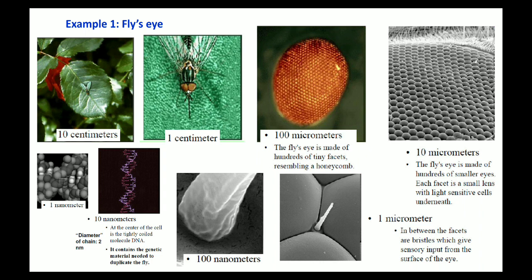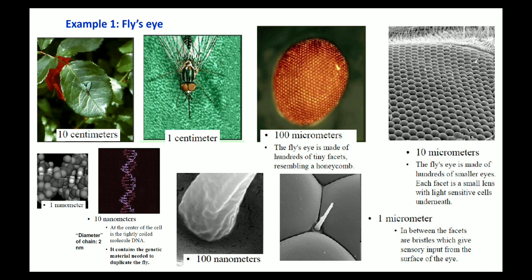So the surface of the eye is protected with a sensor, and it is called a bristle. A bristle is present in between the facets of the eye. If we go closer to the bristle at 100 nanometer, the diameter of this bristle is in the range of 100 nanometer.